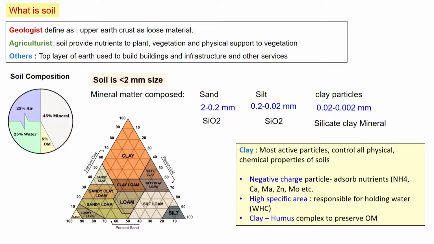When we say mineral sand, silt and clay, they depend on size, and the smallest soil particles are clay particles, which are less than 0.02 millimeter.